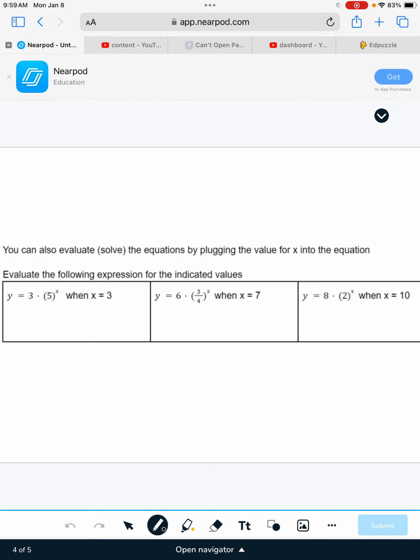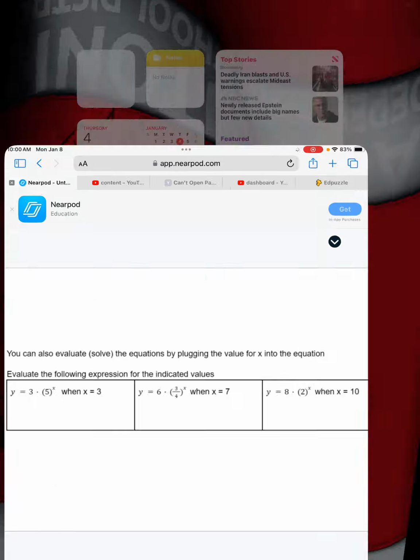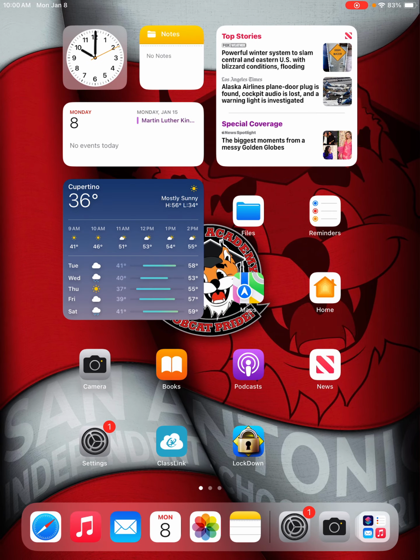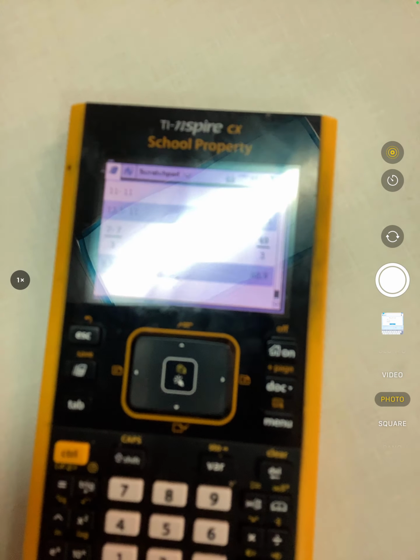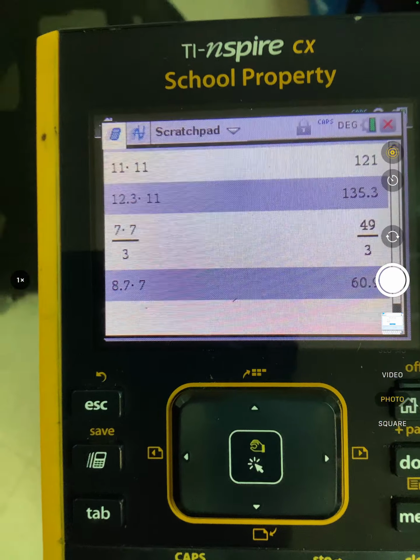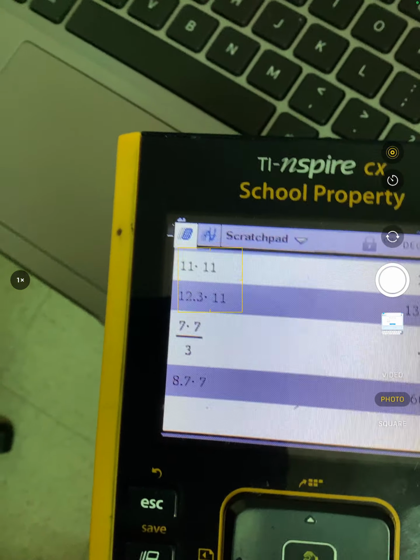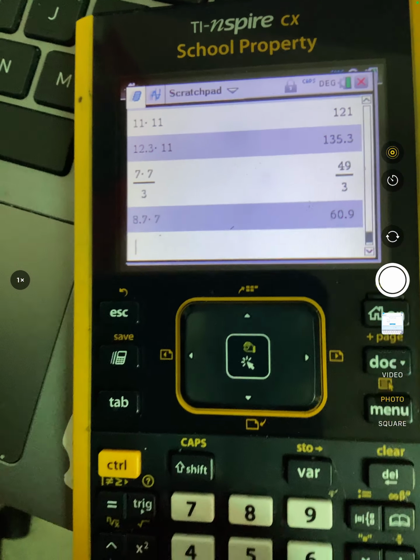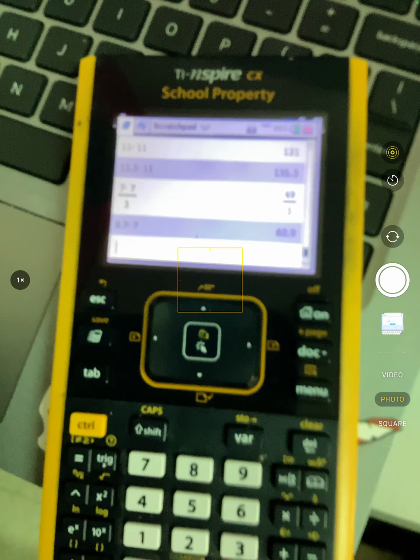We can also evaluate these equations when we are given a specific number to plug in for x. And we're going to take a look at this together. What I'm going to have you do is follow along on your calculator as I do this on mine. You'll notice on the first equation that we're looking at here, y equals 3 times 5 raised to the x when x is 3.